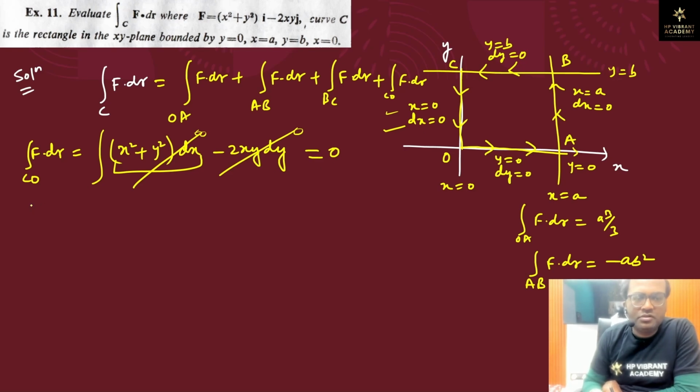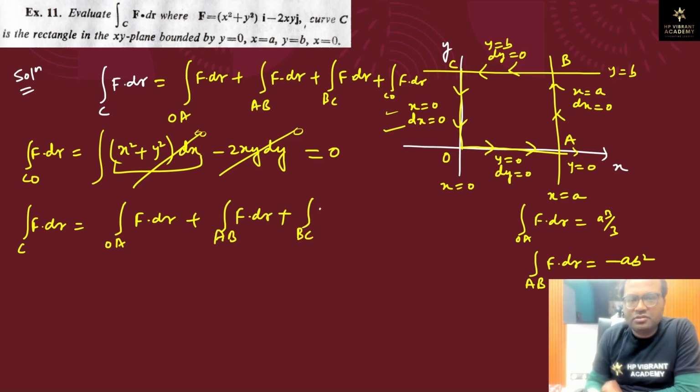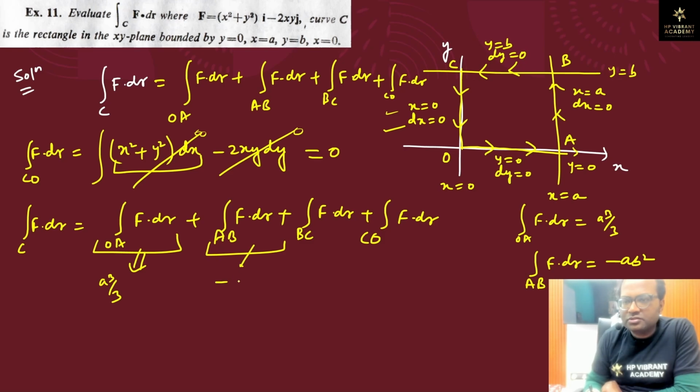So we have the integral f dot dr is equal to OA f dot dr plus AB f dot dr plus BC f dot dr plus CO f dot dr. So the value along OA is a cube upon 3, this expression is minus a b square, and the value along BC is a cube upon 3 minus a b square, and the value along CO is 0.